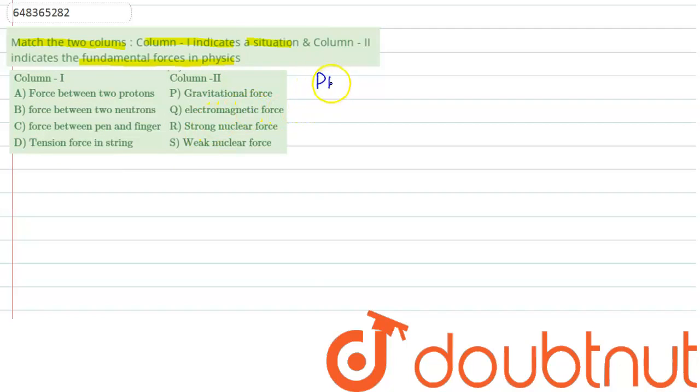So in physics, if we talk about forces, then there are different kinds of forces, but among them only four are fundamental forces.